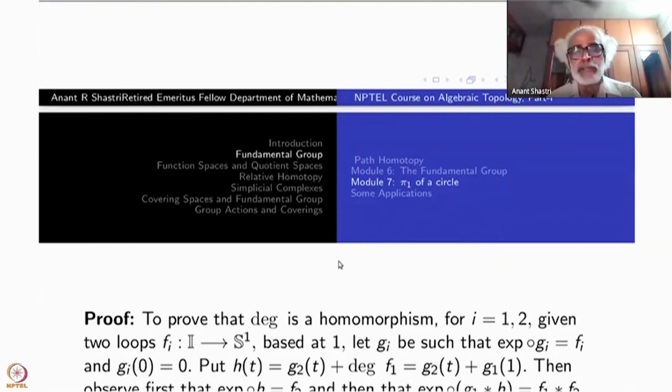If you shift a lift by a constant, namely an integer, it will still be a lift of the same function. Namely, exponential of H(t) is the same thing as exponential of G2, which is F2. The degree of F1 is an integer, and e raised to 2 pi i times an integer is always 1. So it will get multiplied by 1, so it doesn't change.